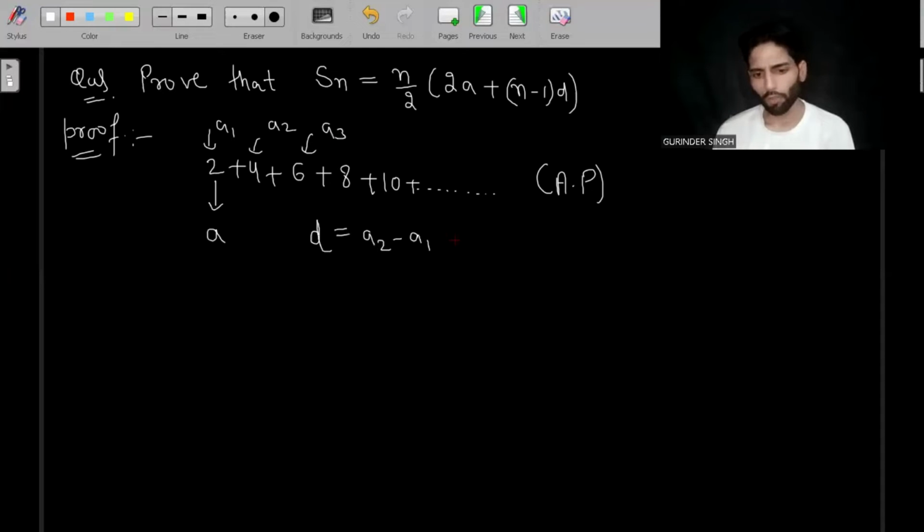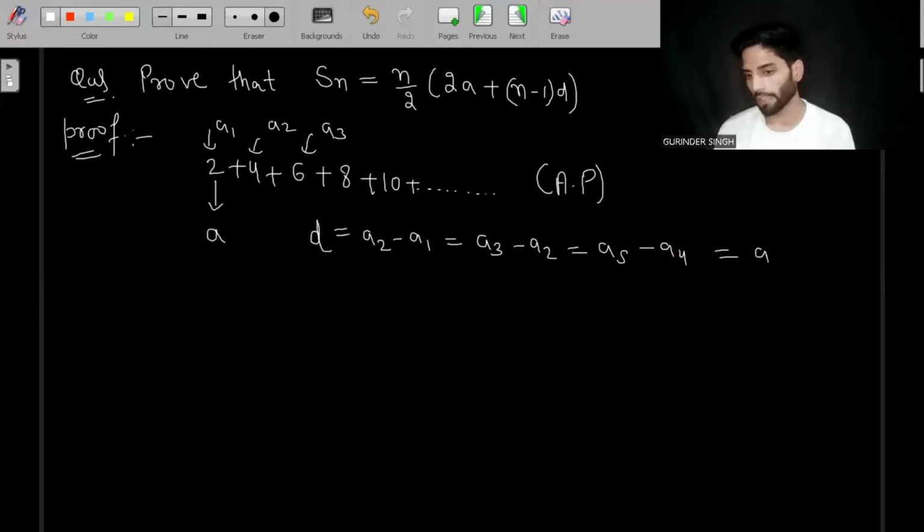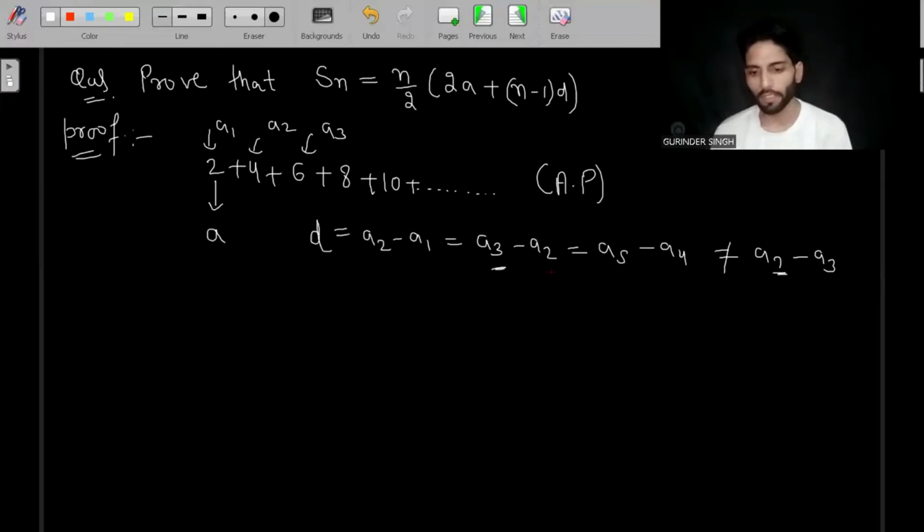So you can also write A3 minus A2, or A5 minus A4. But you can't write A7 minus A3. This is wrong; the terms should be consecutive. If there is 3, then it should be 2, and if it's 5, then it should be 4.